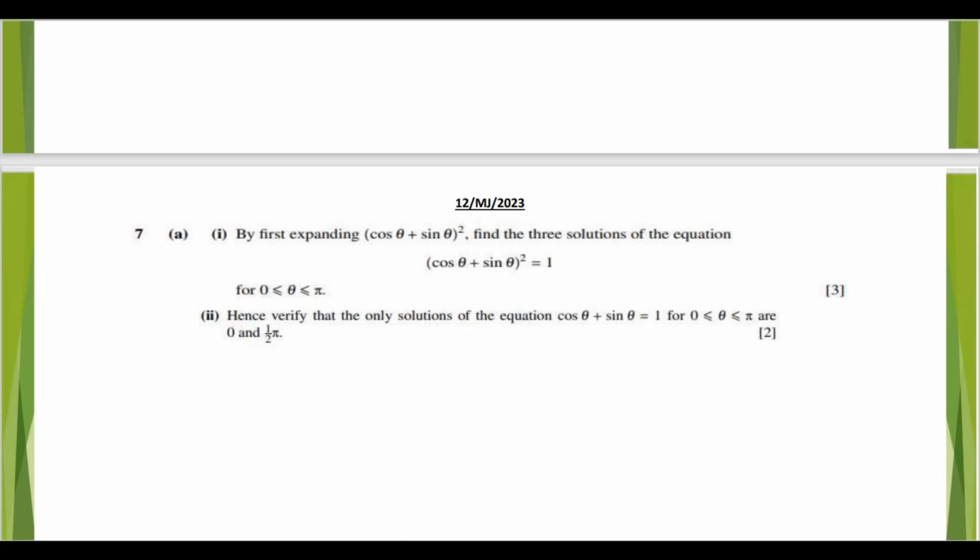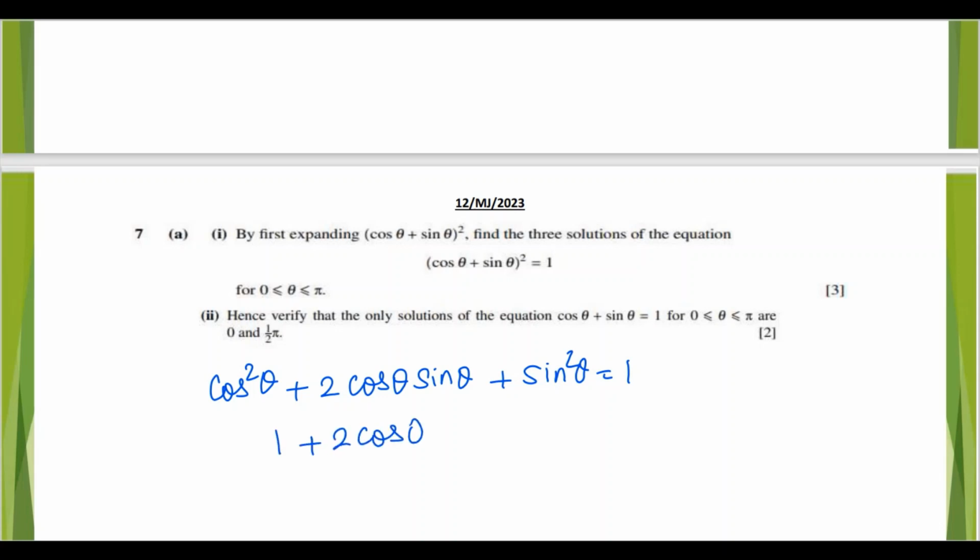Okay, first we have to expand cos theta plus sin theta the whole square. So it is cos square theta plus 2 cos theta sin theta plus sin square theta equal to 1. So we know that cos square theta plus sin square theta equal to 1. So 1 plus 2 cos theta sin theta.